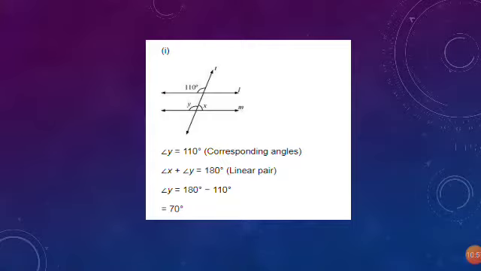Next, angle y is equal to 110 degrees. Angle x plus angle y equal to 180 degrees. That is a linear pair. So angle y equals 180 degrees minus 110 degrees, and subtracting, we get the value 70 degrees. Angle y is equal to 70 degrees.